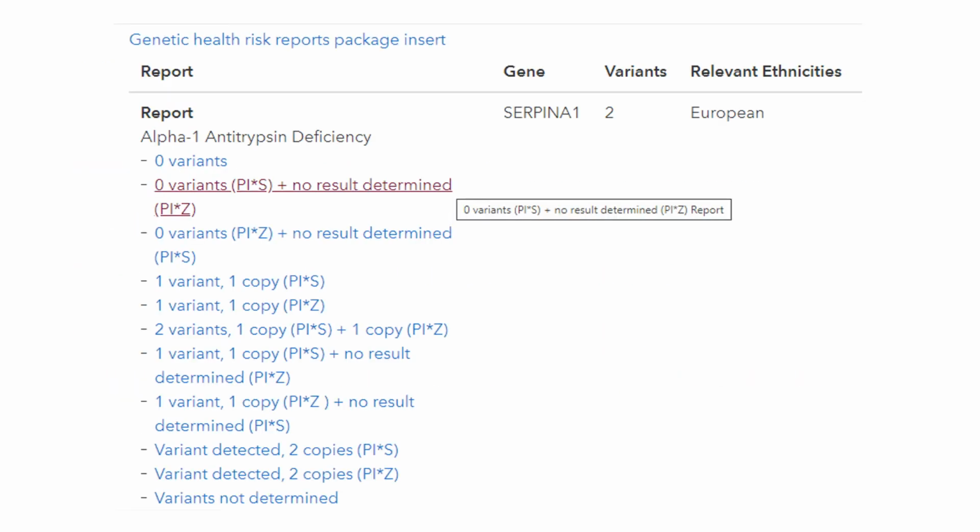For example, the report will show you whether you have alpha-1 antitrypsin deficiency. This is an inherited disorder, and this disorder can cause lung disease or liver disease.